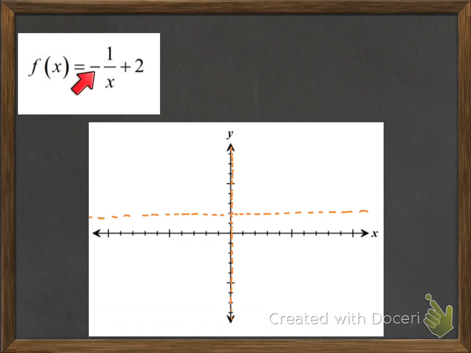This time we have a negative, which represents a reflection over the x-axis. So instead of our graph being in the bottom left and top right, our graph is now going to be in the top left and the bottom right. There's no vertical stretch or compression, so I can still get to those important points by going over 1 and up 1 for that intersection point.